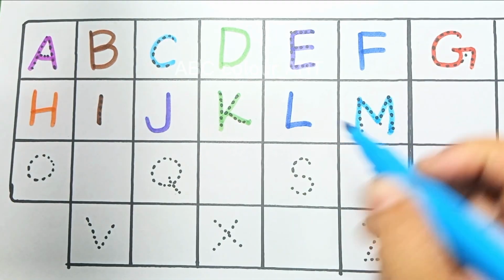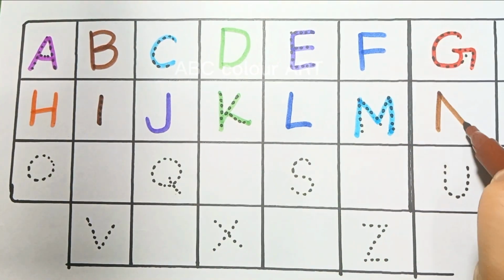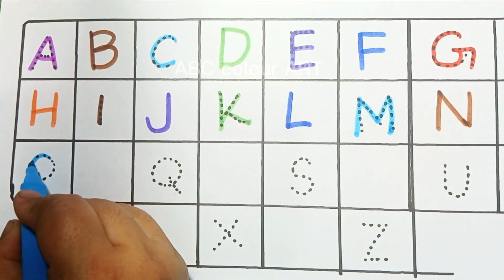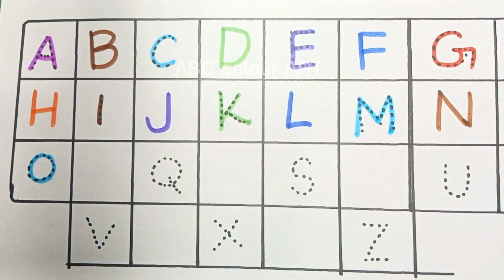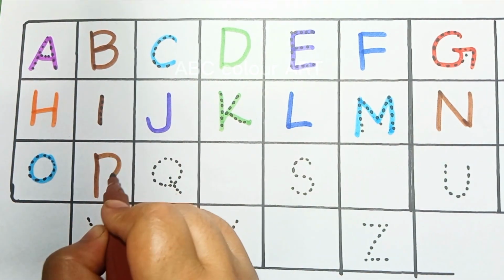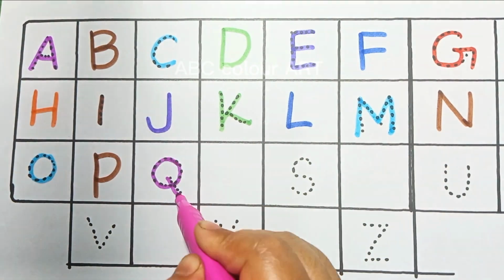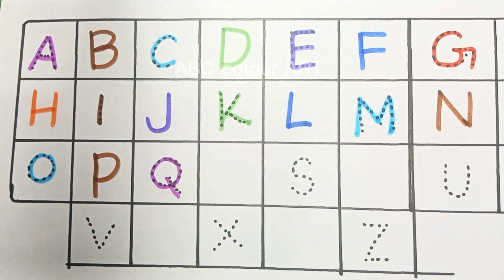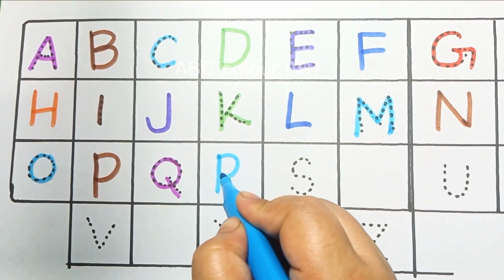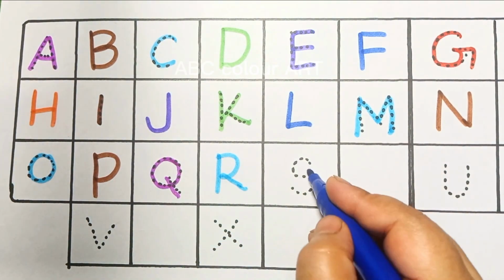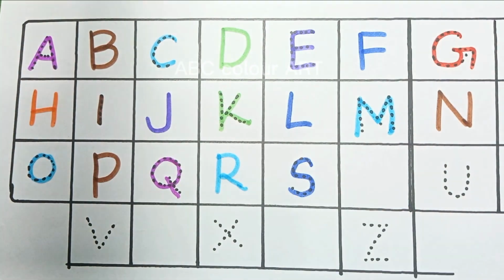M for mango. N for nose. O for onion. P for parrot. Q for queen. R for rose. S for sun.